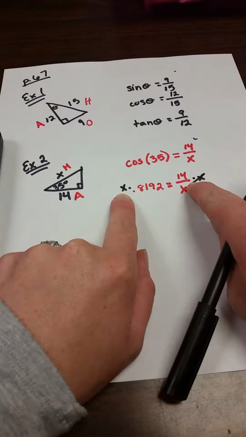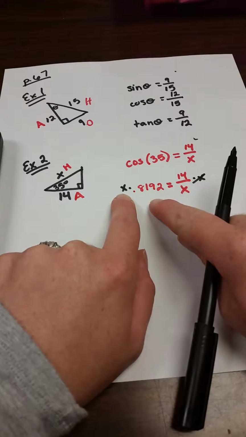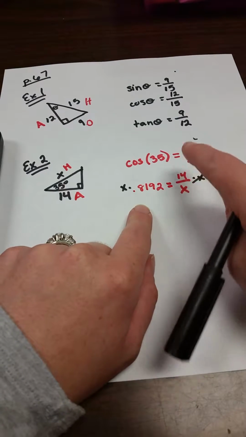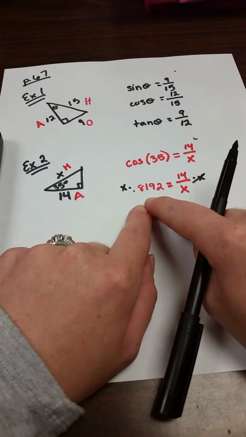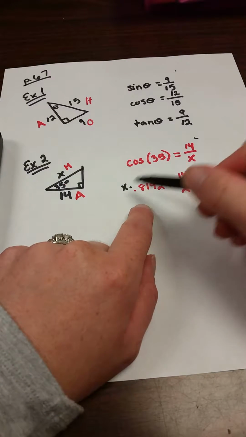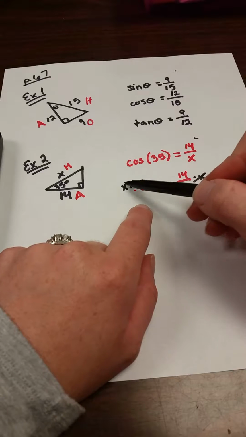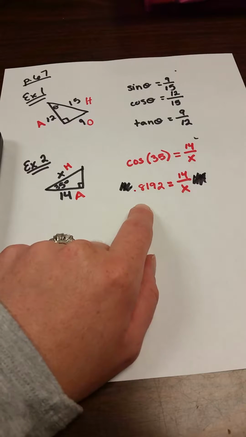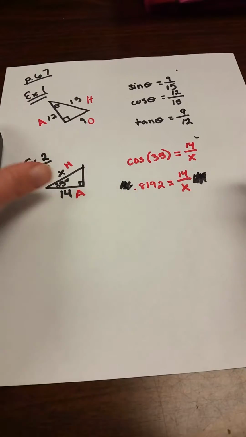And then to solve for that, you would divide by the 0.8192. So what we're going to end up doing is taking this 14 and dividing it by this decimal. So instead of doing the algebra work of multiplying by x on both sides, we're just going to understand that that's what's happening, and we're just going to do the math with our calculator.